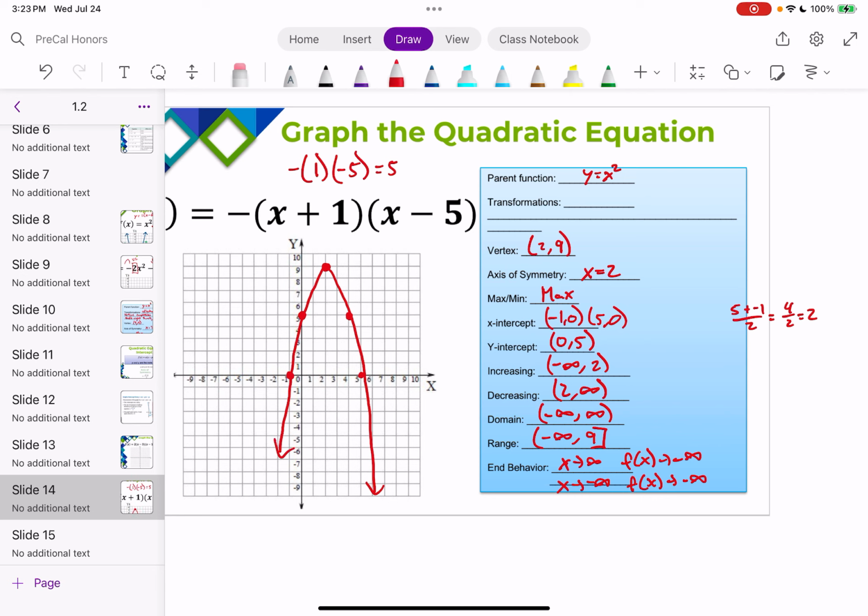And we go ahead and take a look at our transformations.